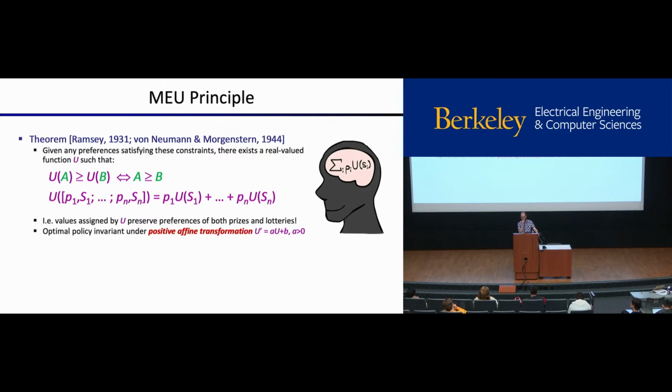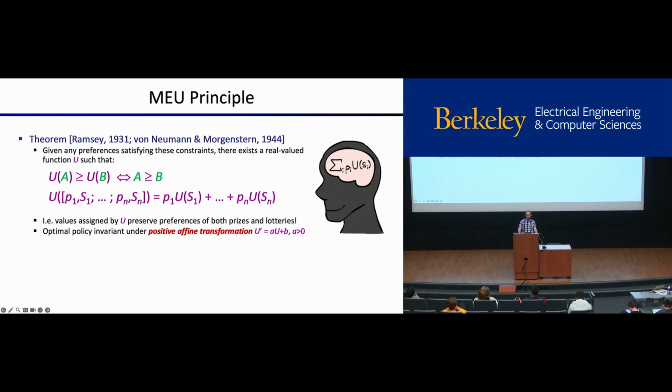Yeah. So are our utility functions always linear? I think it depends a little bit on what you mean by utility functions being linear, but linear transformations preserve optimal behavior.